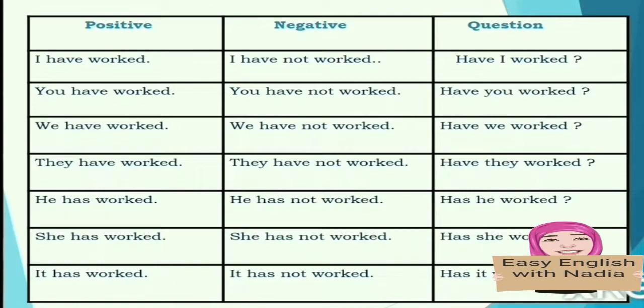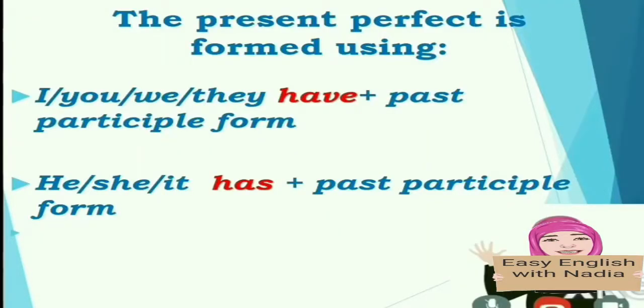Positive, it has worked. Negative, it has not worked. Interrogative, has it worked? Remember that the present perfect is formed using subject plus have or has plus the past participle.